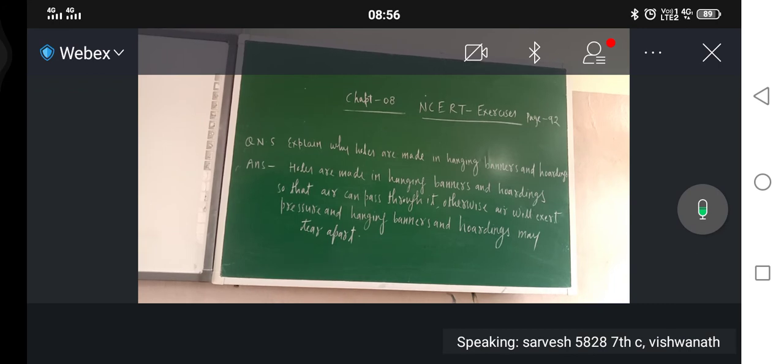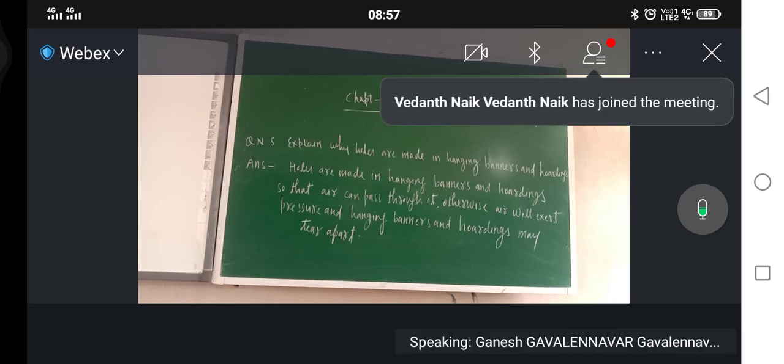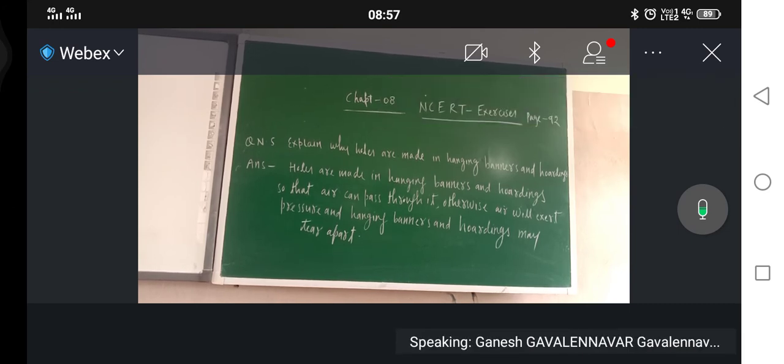Why are they making small holes? Because air exerts pressure. If holes are not there, air will exert pressure and it will tear apart those hoardings and banners. If holes are there, air will pass through these holes and it will not exert the pressure. Okay?